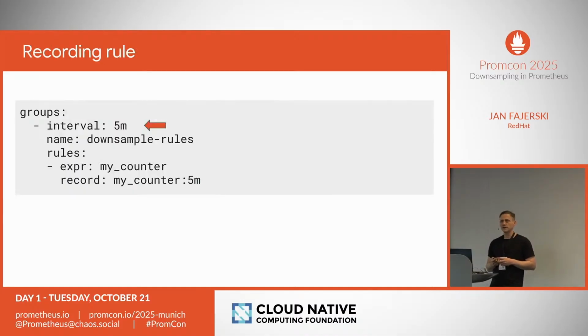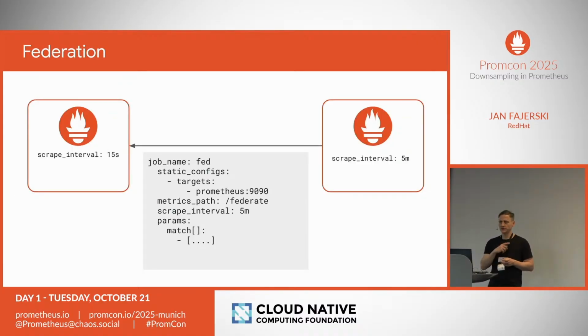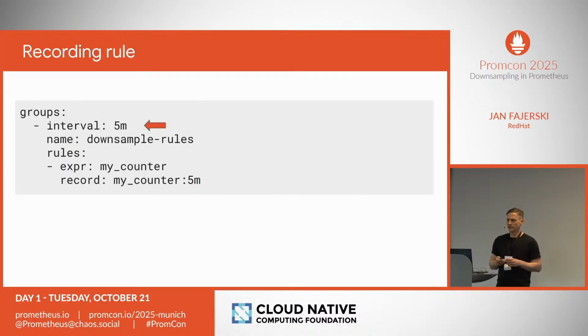The other way of doing it is with recording rules. The federation approach has worked basically since federation was a thing, so that's a long time. The recording rule option is a little bit newer, basically since the evaluation interval for recording rules was introduced. So you just define a recording rule and tell Prometheus you only evaluate it every 5 minutes.